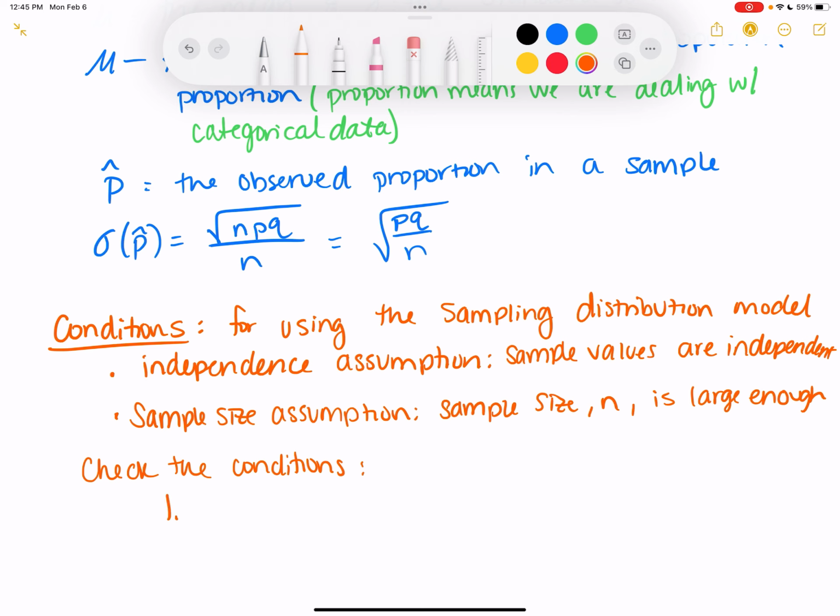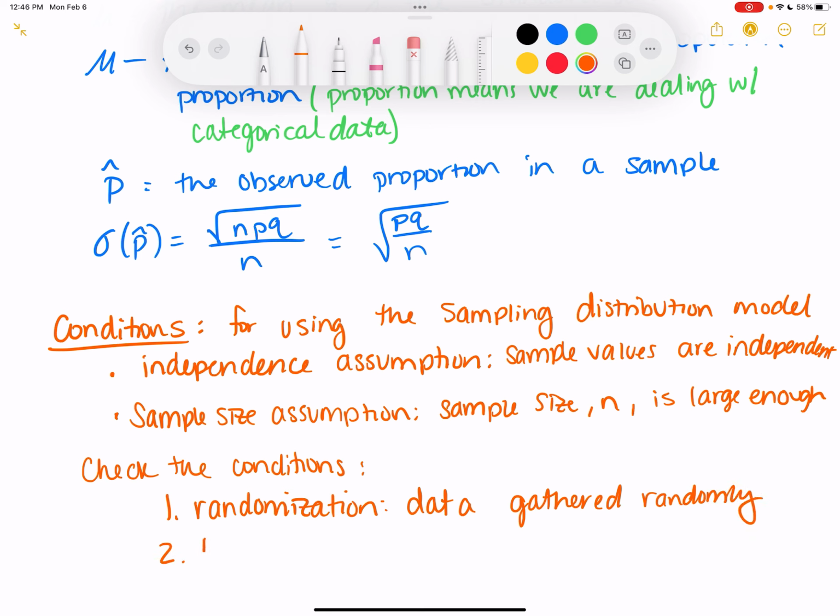The first one is randomization: data gathered randomly. The 10% condition, which is that n is less than or equal to 10% of the population.